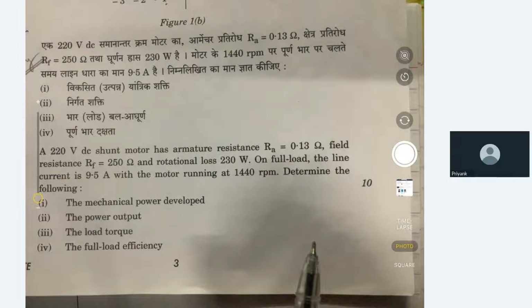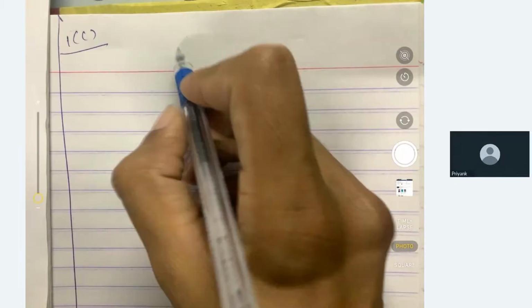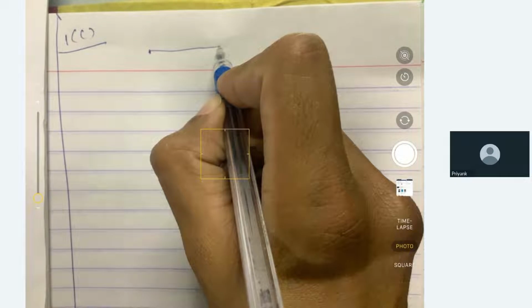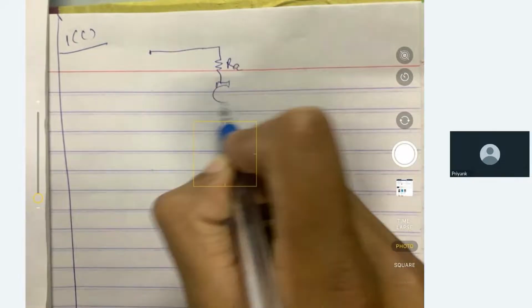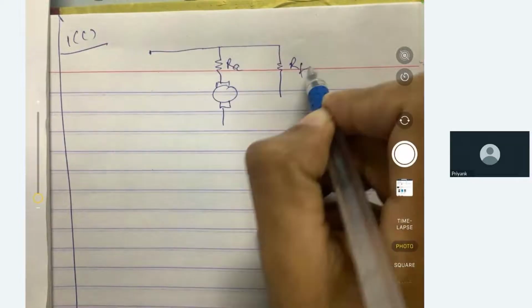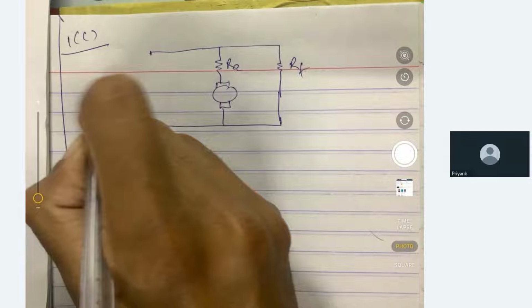So let's first make the DC shunt motor at rated condition. This is its back EMF, and this is RF, the field, and 220 volt.